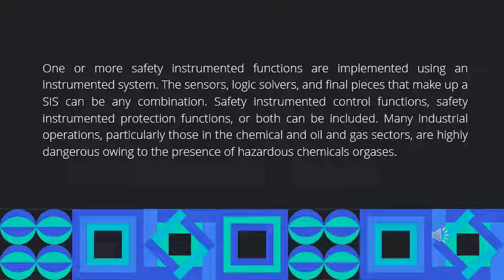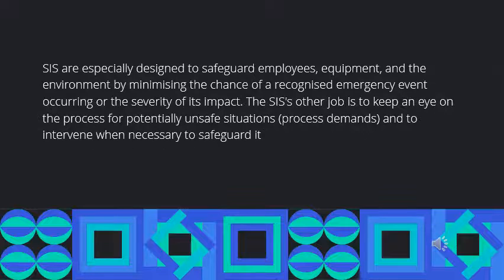Many industrial operations, particularly those in the chemical and oil and gas sectors, are highly dangerous owing to the presence of hazardous chemical gases. The next function is that SIS are especially designed to safeguard employees, equipment, and the environment by minimizing the chance of a recognized emergency event occurring or the severity of its impact.